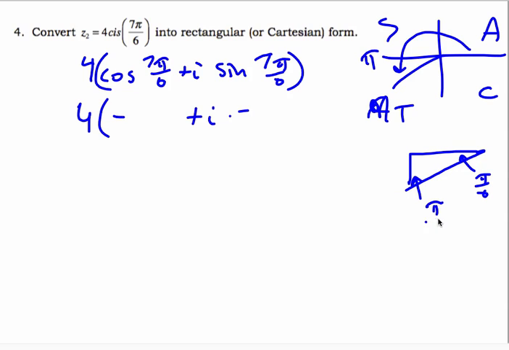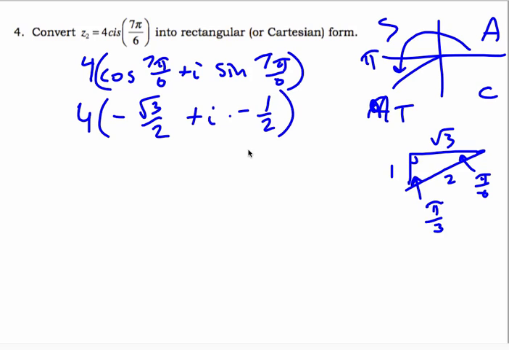Okay, some of you might have this memorized, but there it is: 1, root 3, 2. So cosine pi over 6 is root 3 over 2, and sine is going to be 1 over 2, half.